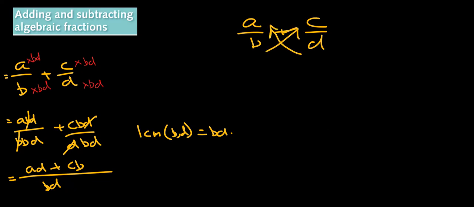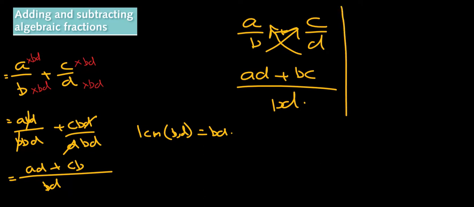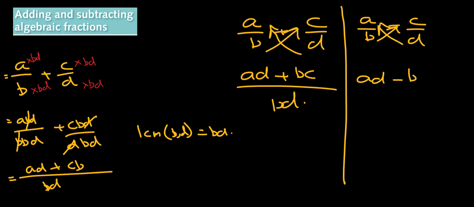We can do cross multiplication, ad plus bc over bd, to get the same result. And the same works for negatives. So you have a go at a over b minus c over d. Pause the video. So hopefully you've done that now. So we get ad minus bc all over bd.